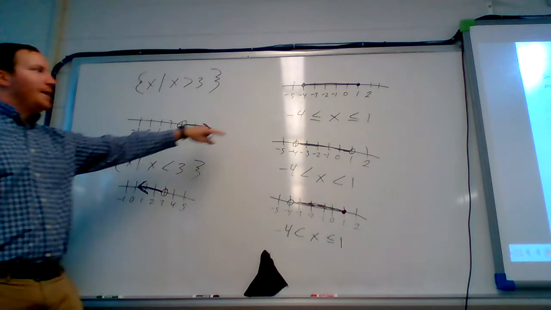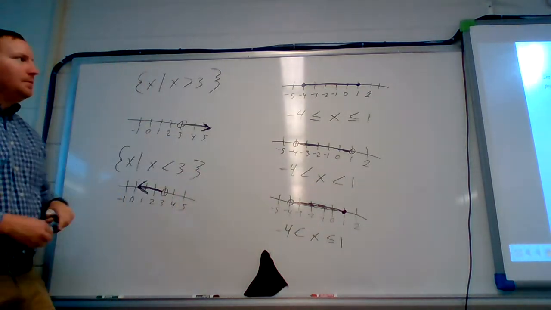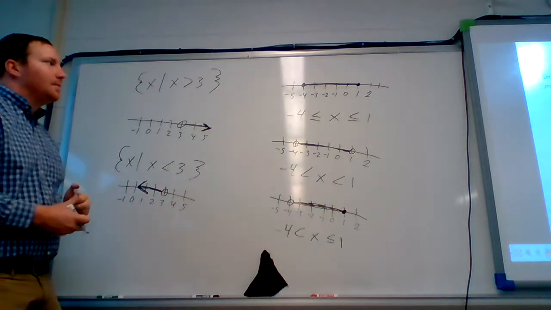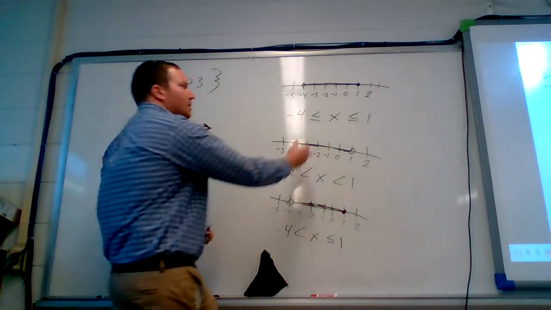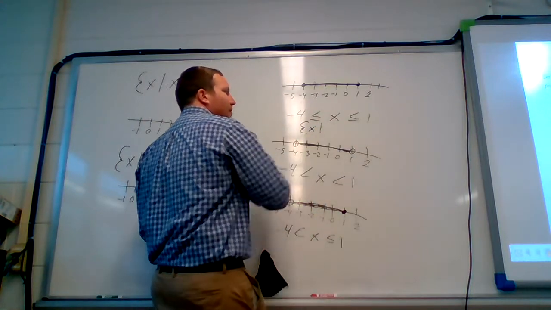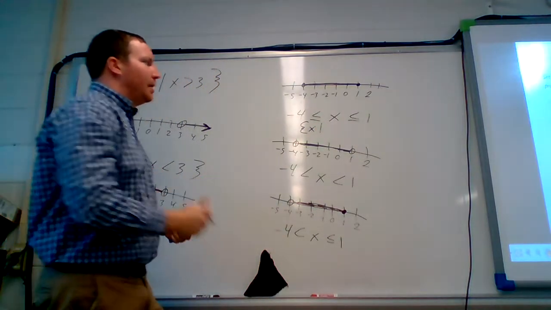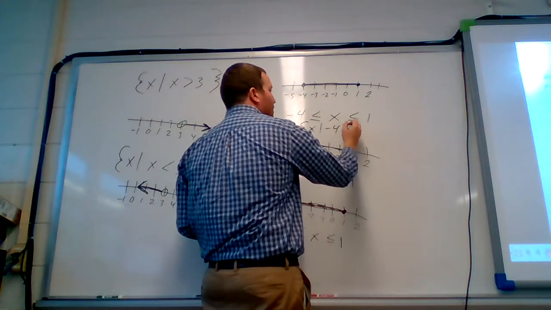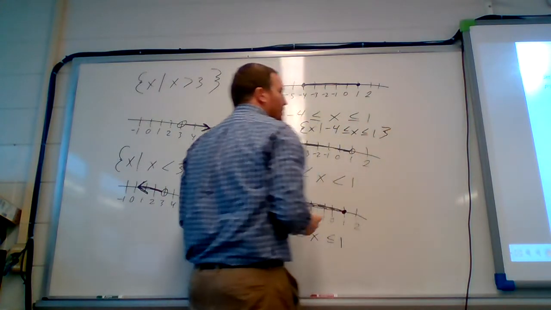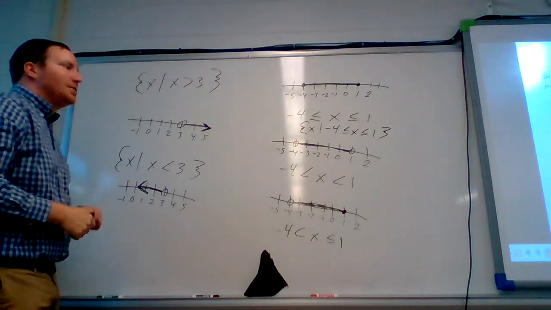Of course, I could also write these in set notation as well. So set notation for our top one up here from the -4, we would just change what's in front of it. So I just say the set of x such that -4 is less than x less than or equal to 1. That could be my set notation.